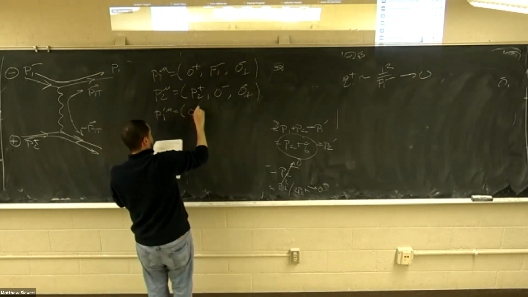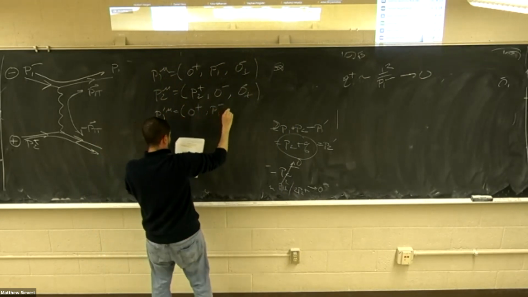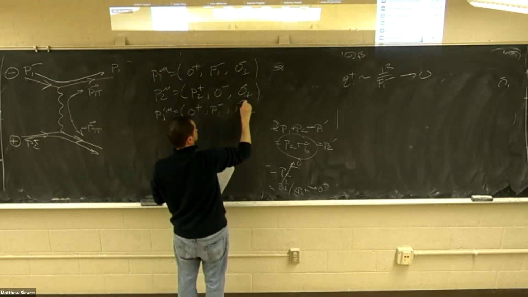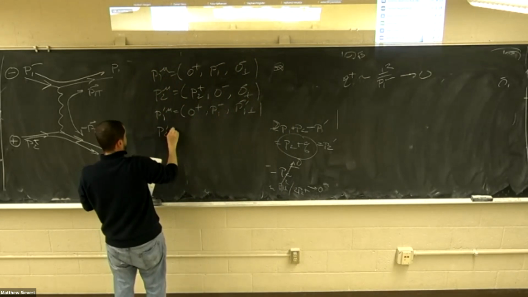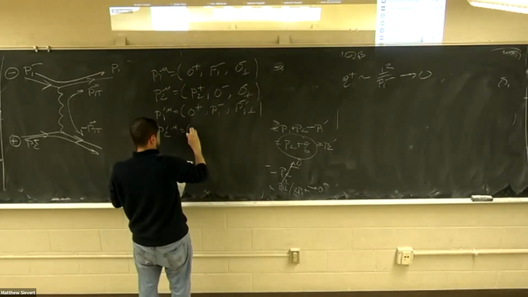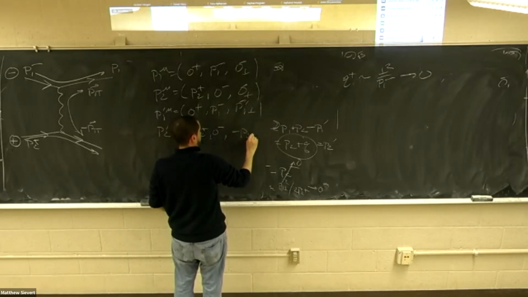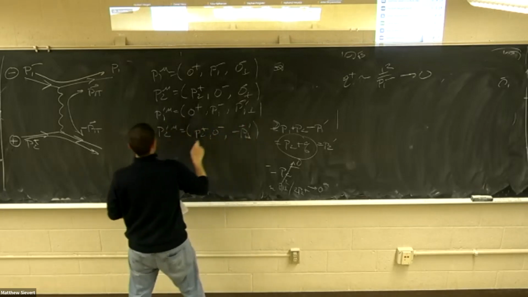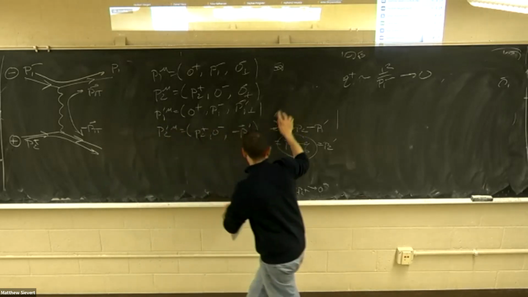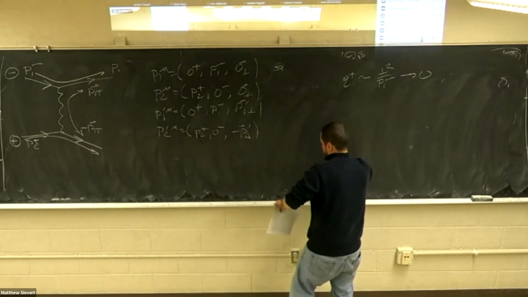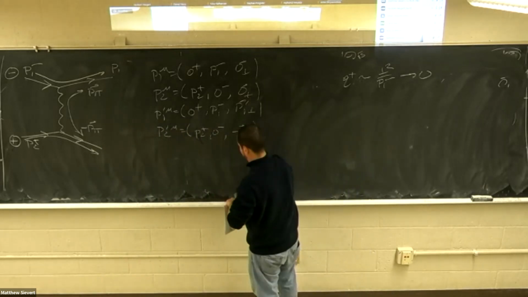P1 prime mu is 0 plus, P1 minus, P1 prime perp. P2 prime mu is P2 plus, 0 minus, negative P1 prime perp. So this is the kinematics that we want to use to evaluate the amplitude.